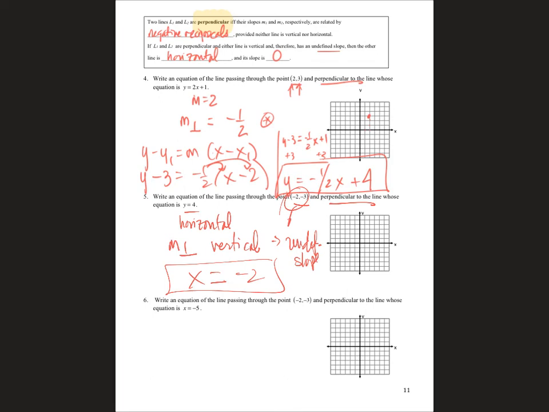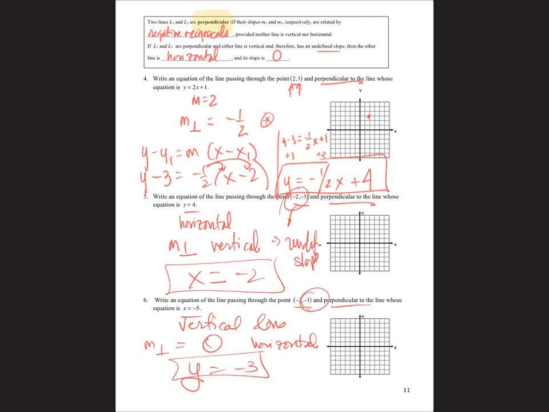In the next example, I want to write the equation of a line passing through this point perpendicular to this line. This line is a vertical line. So the perpendicular line would be horizontal, so it would have 0 slope. The equation of every horizontal line is y equaling a number. y equals -3. And you could always graph these to check them.